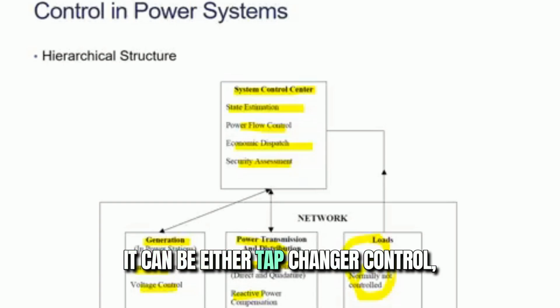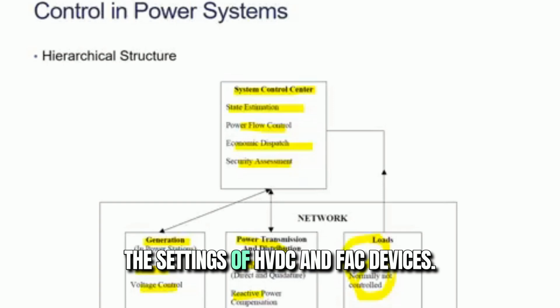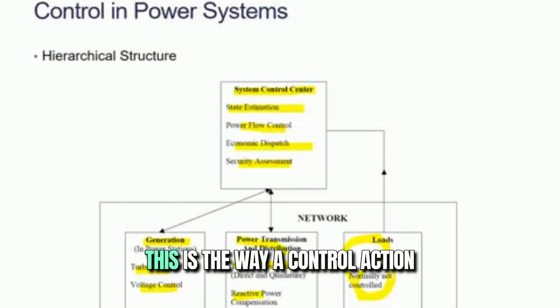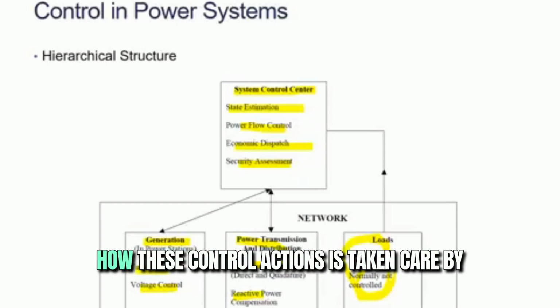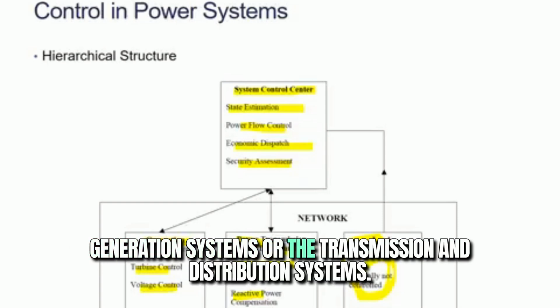It can be tap changer control, reactive power compensation, or changing the settings of HVDC and FACTS devices. This is how a control action is taken care of by the system operator whenever a disturbance takes place, either by communicating it to the generation systems or to the transmission and distribution systems.